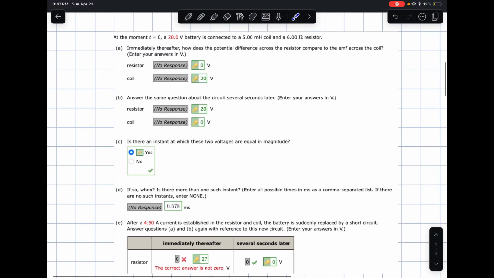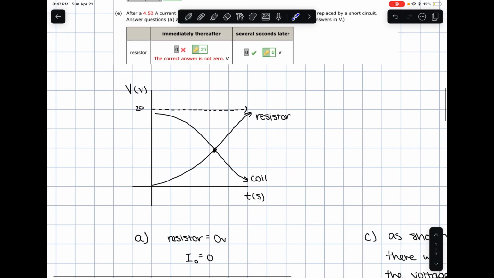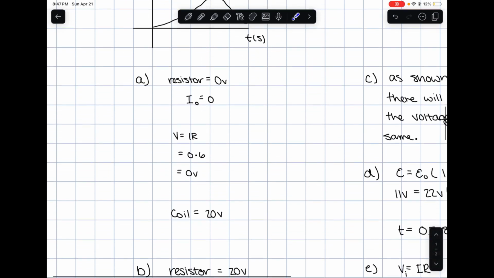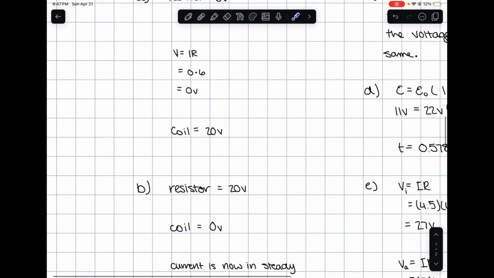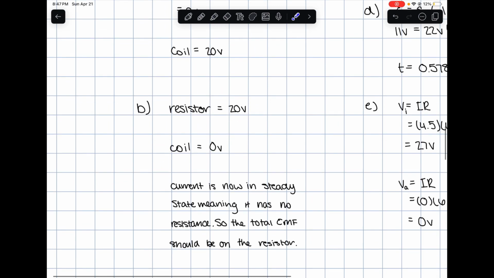Now to part B. Answer the same question about the circuit several seconds later. Once again, we're going to use our graph for this. After time has progressed for a while, we see the coil is approaching 0 and the resistor is approaching 20 volts. So, our resistor should have 20 volts and our coil should have 0 volts.